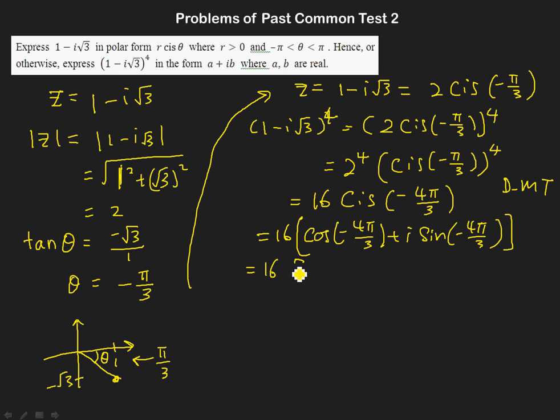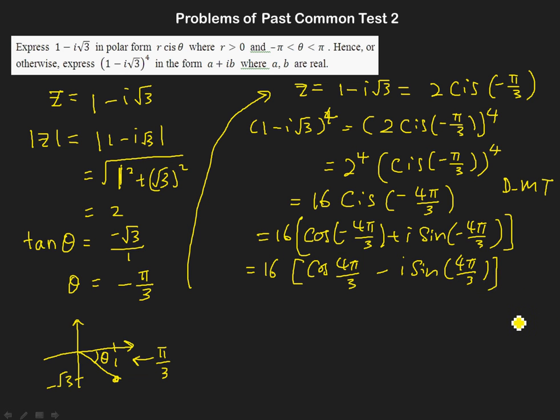And we know that cos of a negative angle is just cos 4 pi over 3, and sine of a negative angle is just minus i sine 4 pi over 3. But where is 4 pi over 3?